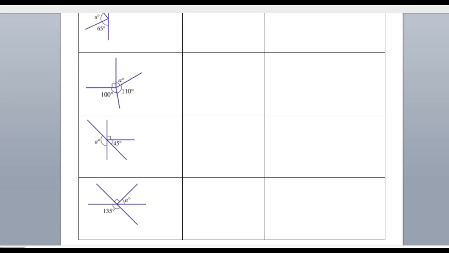The last one, sorry, I was going to scroll, but it doesn't scroll when it's got a pen. Okay, so let's have a look at what we can do here. I have a vertically opposite angle here and here, which is a little bit harder to see.